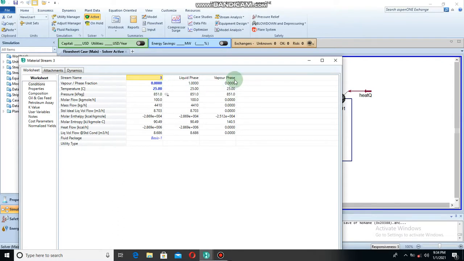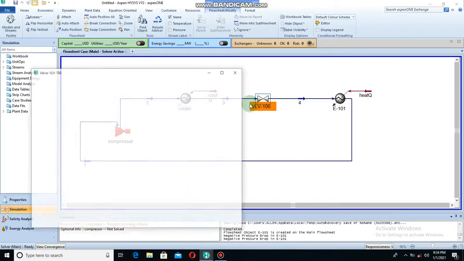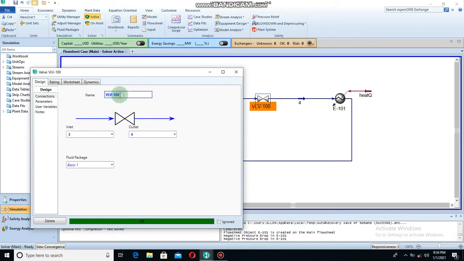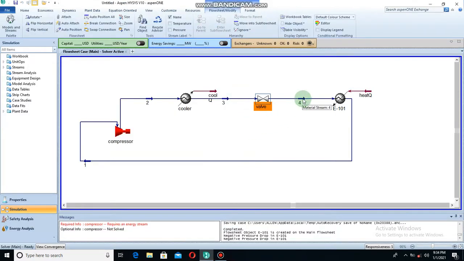You have to cool it off, and it has to be in a liquid phase, and down to a valve, just to drop its pressure.